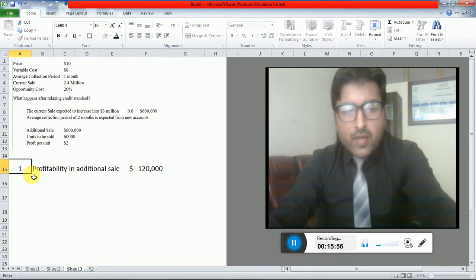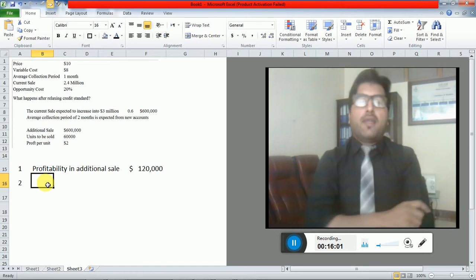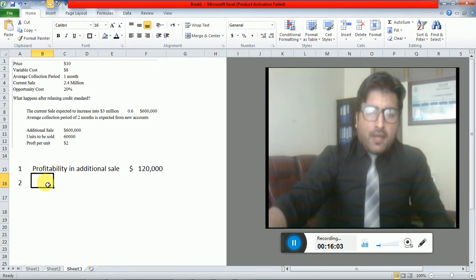So this is the first step. Now in the second step, what we need to know about in this question is the additional receivable.